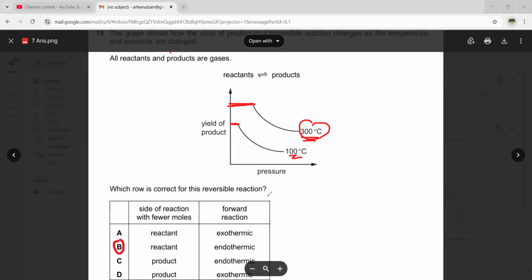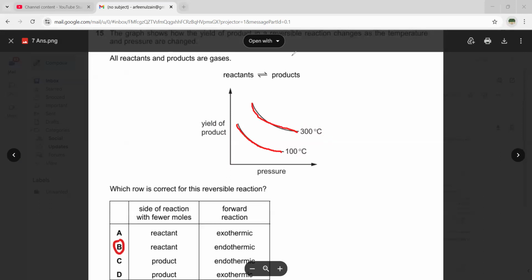At high temperature we have more product, and at low temperature we have less product. So what is the forward reaction, is it endo or exo? The forward reaction is endothermic. When we increase the temperature, you can compare the starting points of the graphs. This graph is done at 300 degrees centigrade, and this one at 100 degrees centigrade.